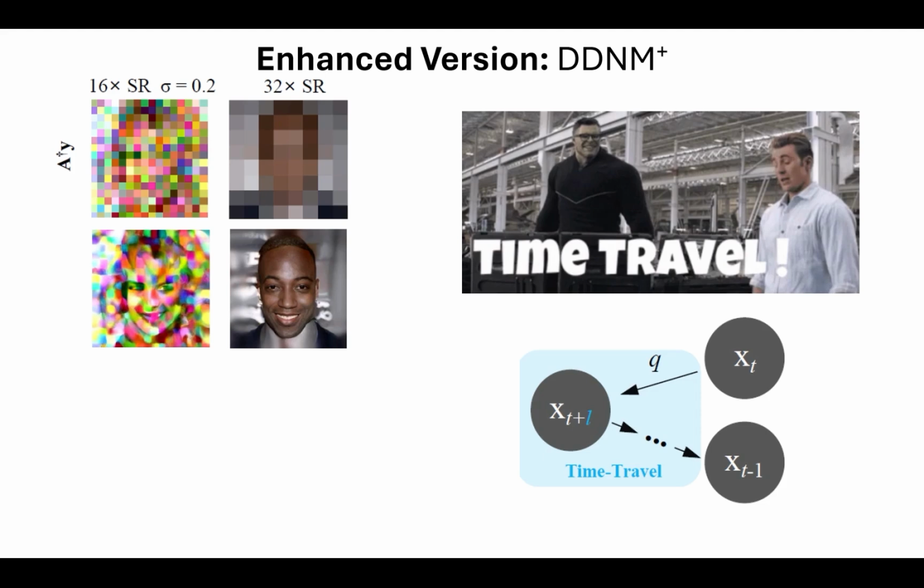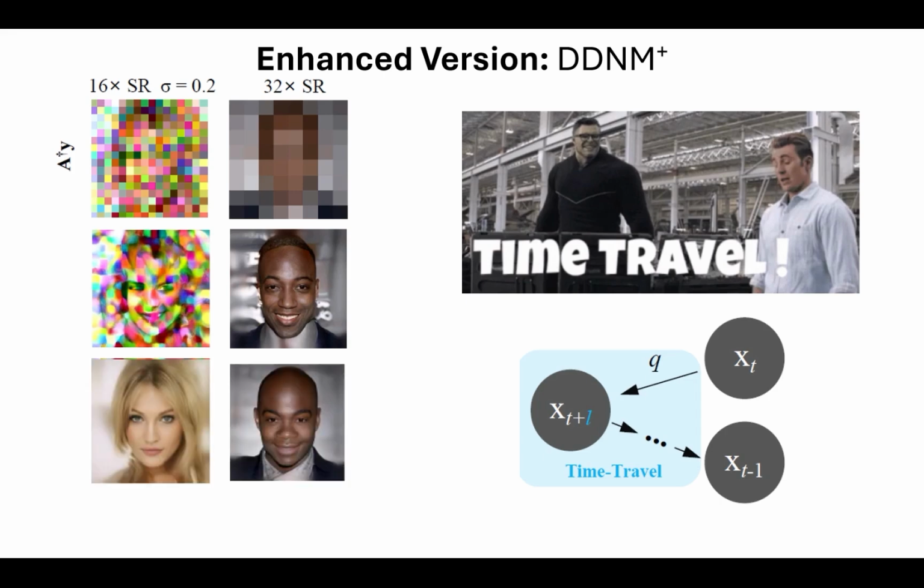And this way, we can give the model a chance to fix whatever it missed in the past to have a better future. And as easy as that, you can fix it and get a more realistic result.